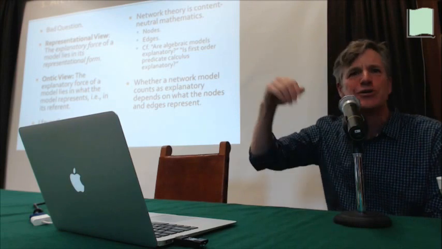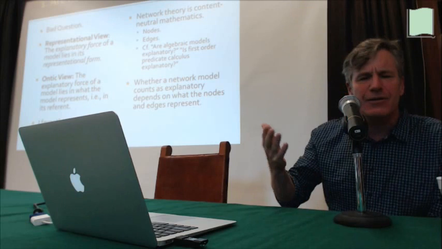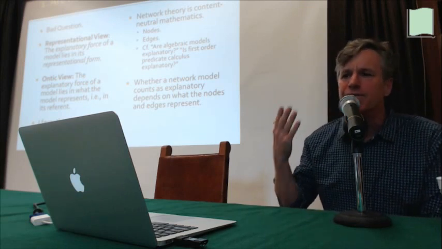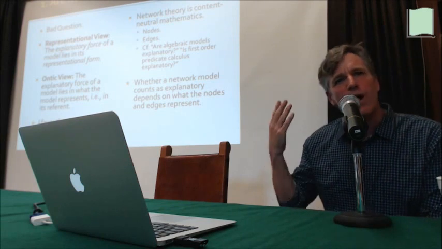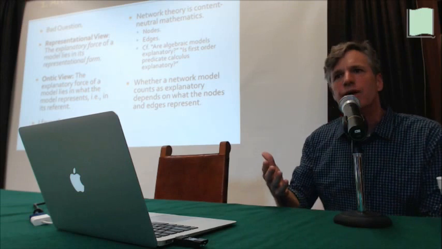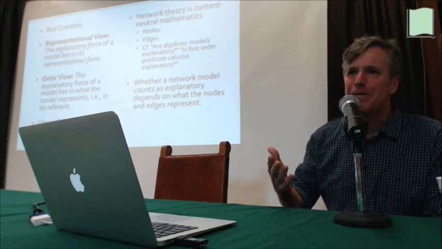Network theory, and this is a central theme in this talk, network theory is a content-neutral kind of mathematics. It just requires that you have a set of items, that those items can be treated as nodes, and that we can find some way of talking about relationships between those nodes. Those relationships might be of any number of different sorts.